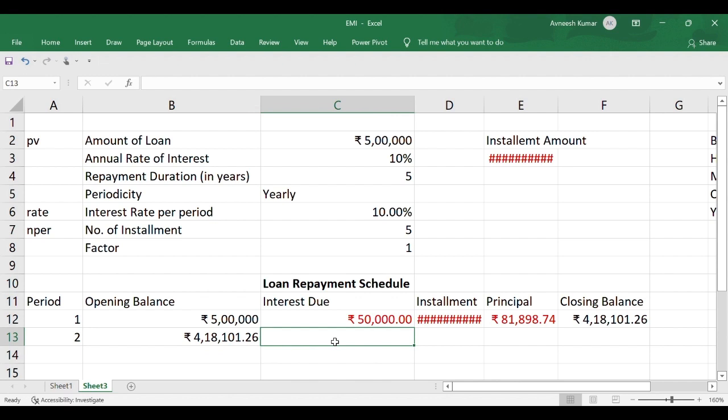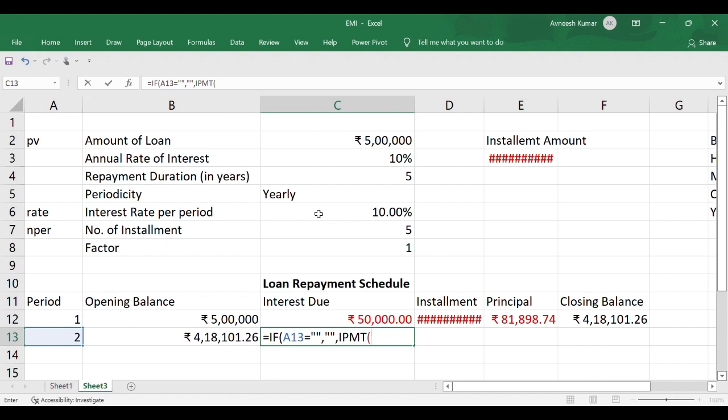For interest calculation, again we use if statement. If this cell is equal to blank, then this is also blank, otherwise interest due can be calculated by this IPMT function.